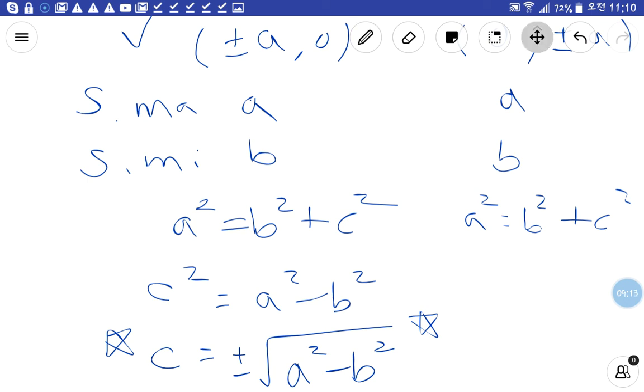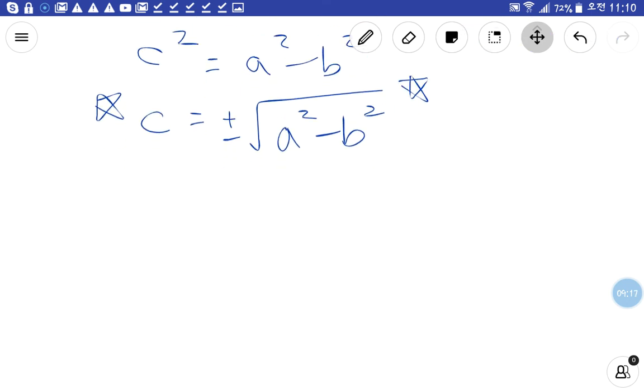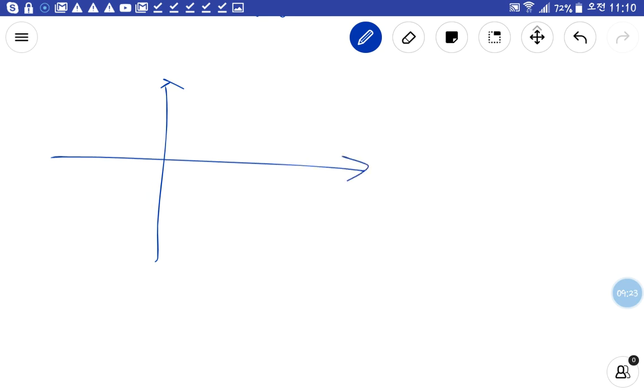I'm going to show you why this happens on figure 8.15. When you draw the situation here, you have an ellipse like this, and these are your foci: negative c comma 0 and positive c comma 0. So this side would be c, correct?